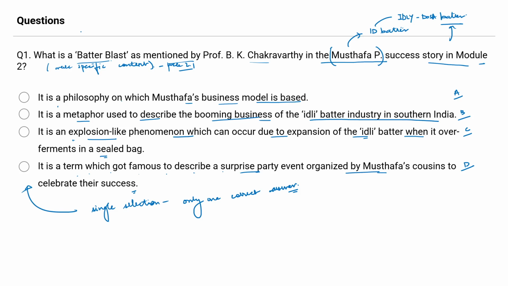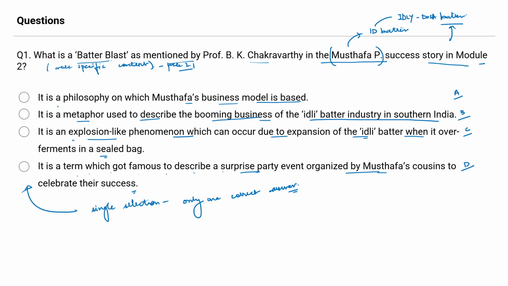We are discussing the batter blast from the idli batter case study. Anyone who would like to share their input? What could be the right answer?